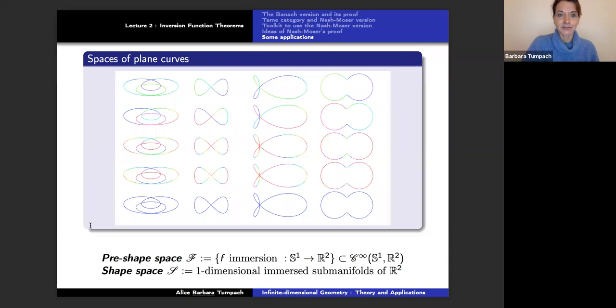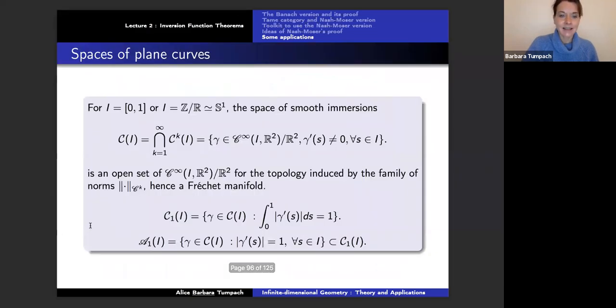So in the space of plane curves, there is a really easy example of a tame manifold where this Nash-Moser theorem can be applied in a very easy way, mainly using the toolkit I gave before. We are looking at continuous maps of length 1.